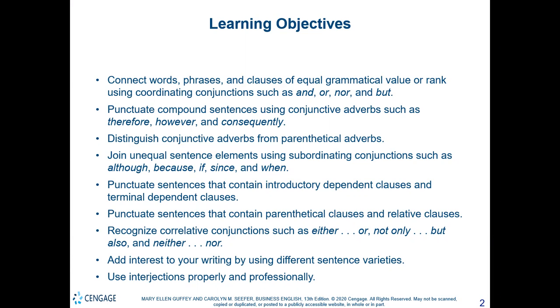Punctuate sentences that contain introductory dependent clauses and terminal dependent clauses. We want to punctuate sentences that contain parenthetical clauses and relative clauses. We want to recognize the correlative conjunctions such as either, or, not only, but also, neither, nor. And then add interest to your writing by using different sentence varieties. We want to use interjections properly and professionally.